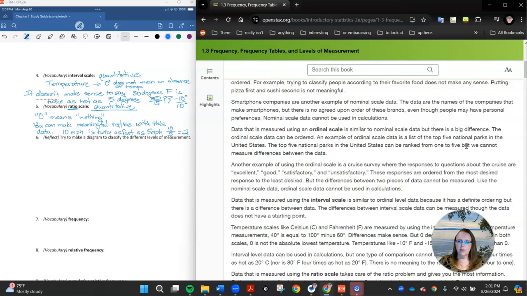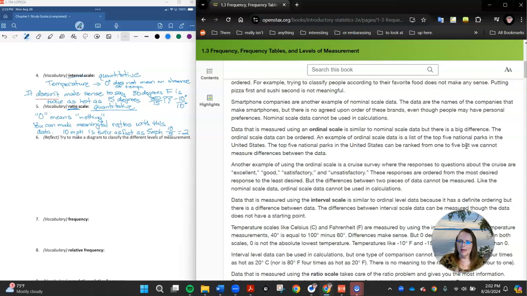And so we can't make the same types of comparisons with interval scale that we can with ratio scale. The interval scale still has the same distance between every degree Fahrenheit, or the same distance between every degree Celsius. It's internally consistent, but 0 doesn't mean nothing, and we can't make ratios.